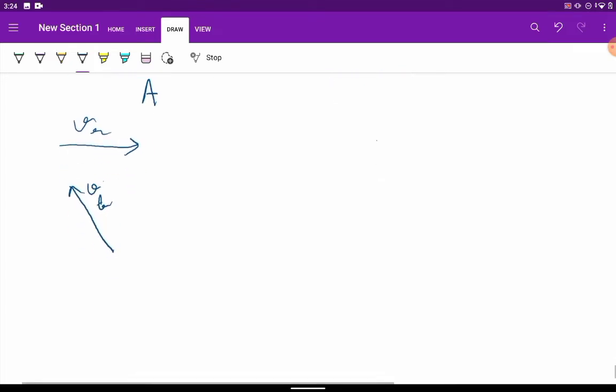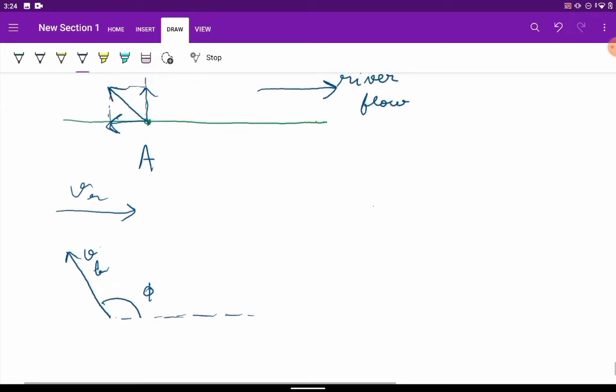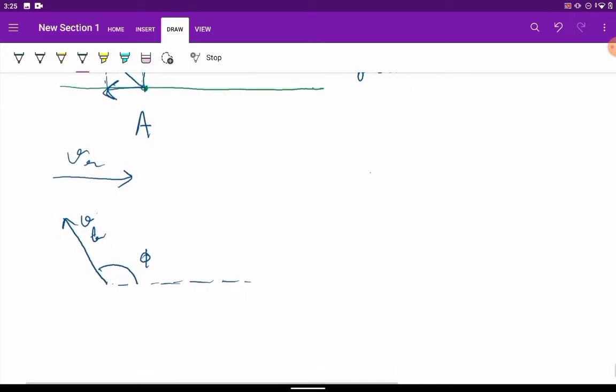Let's say it makes an angle phi with the river flow direction. So phi is obviously an obtuse angle over here. All right, so let's consider this, and these are the components.